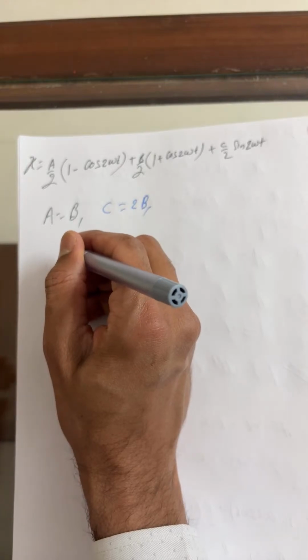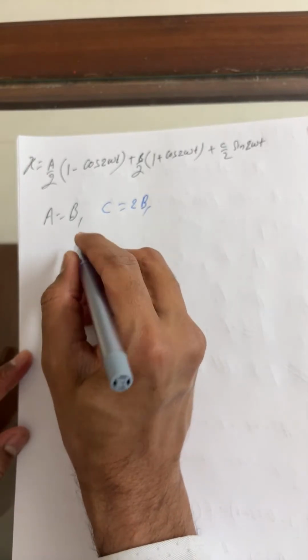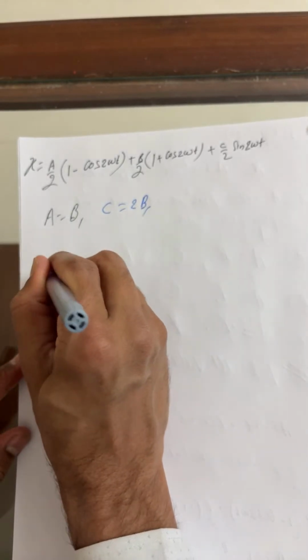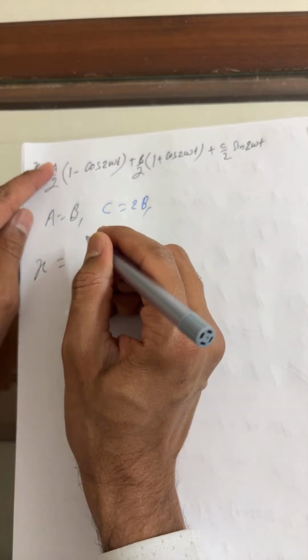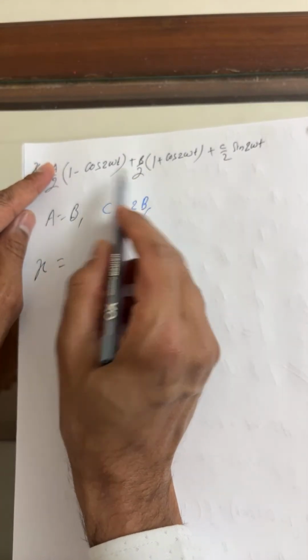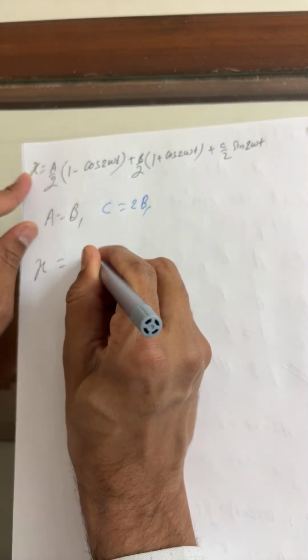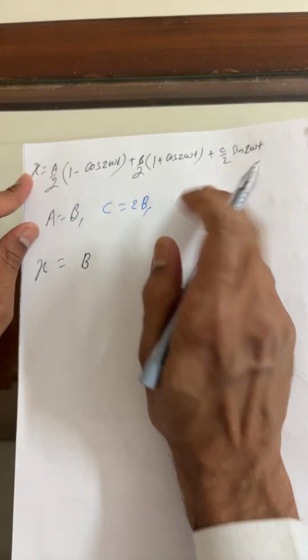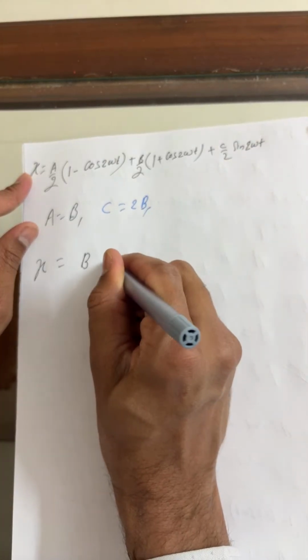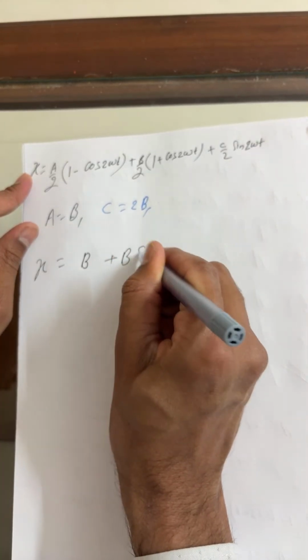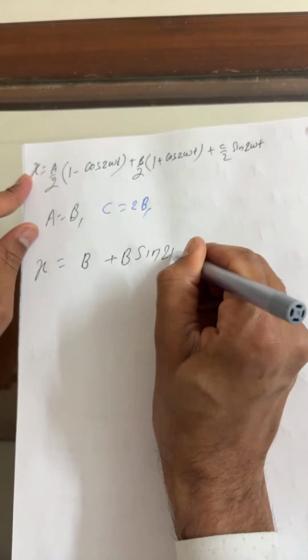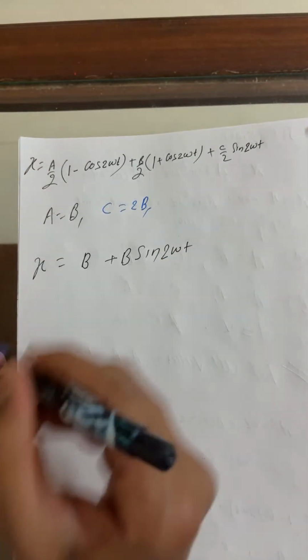So for this condition, what will you get? If you say this is also B, this is also B, this cancels here. So finally you will get only B, and C is equal to 2B, so the 2 cancels. So you can write this is B plus B sine 2 omega t.